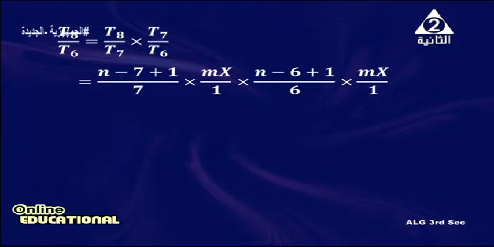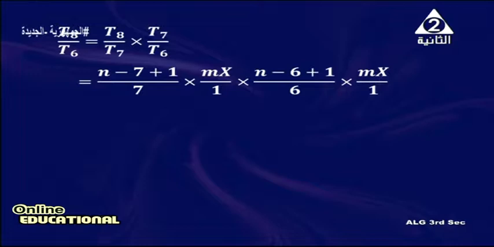This rule: t8 over t7 equals (n − the smallest order + 1) over the same order, 7, multiplied by second term over first term. So t7 over t6 equals (n − 6 + 1) over 6 times mx over 1.